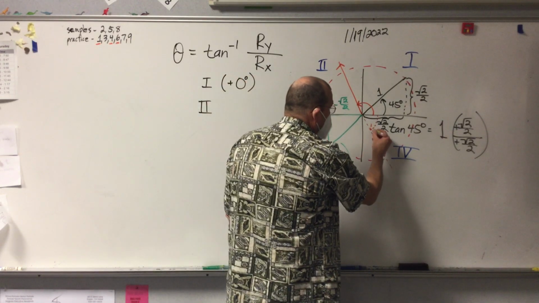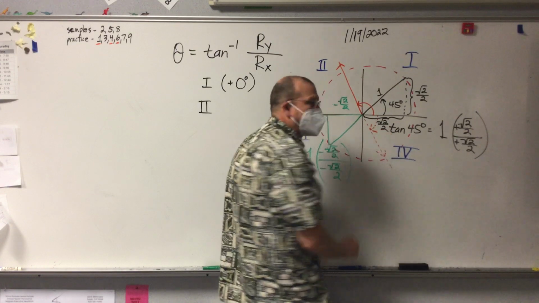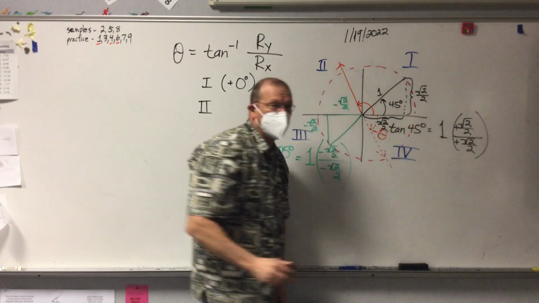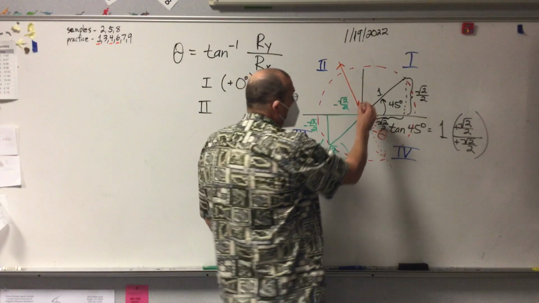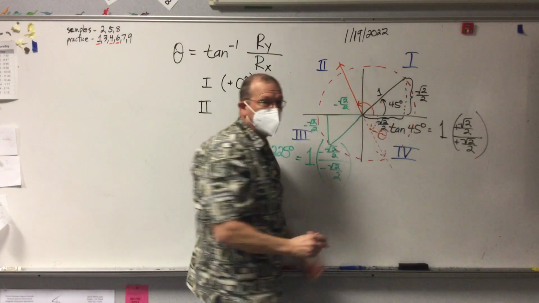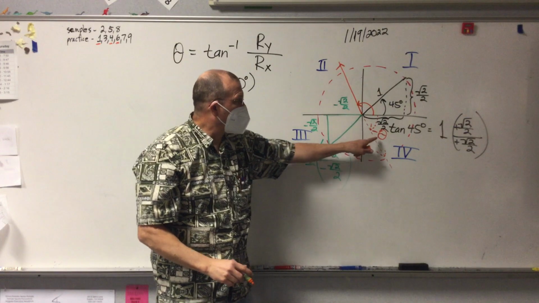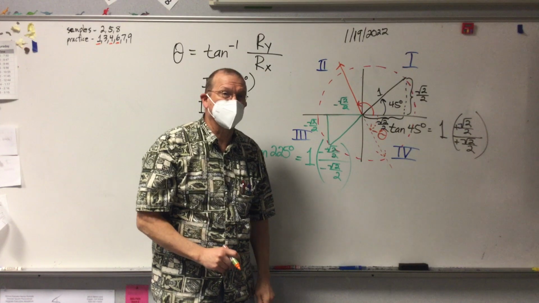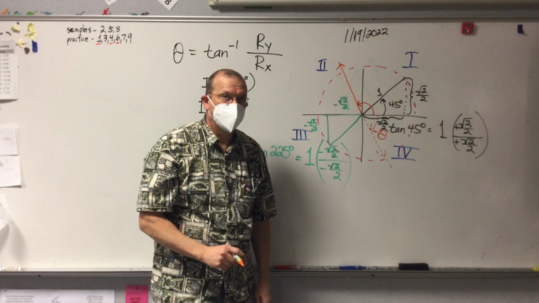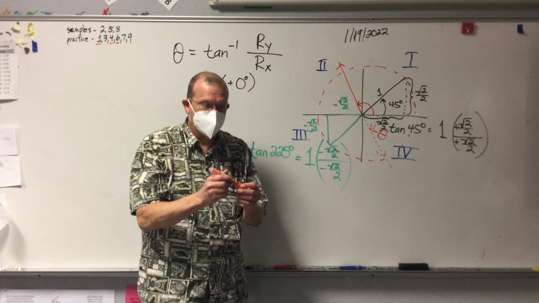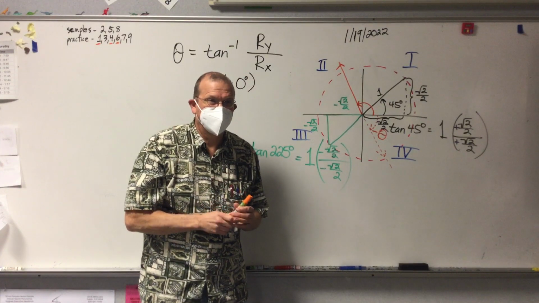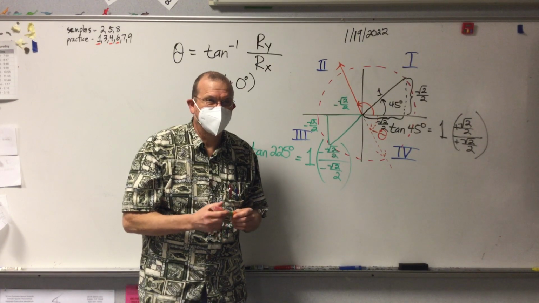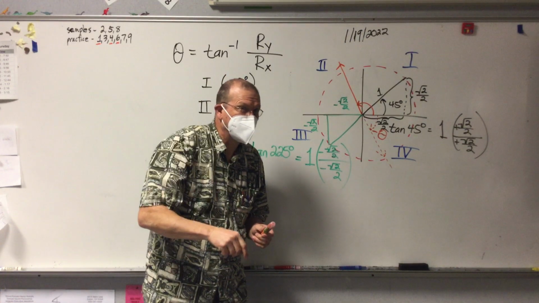So it will give you a negative theta. If you actually want this one up here in solid, what could you do with this negative number to give you that correct number of degrees? Subtract 180 degrees?